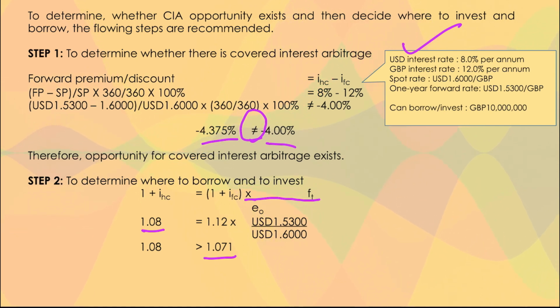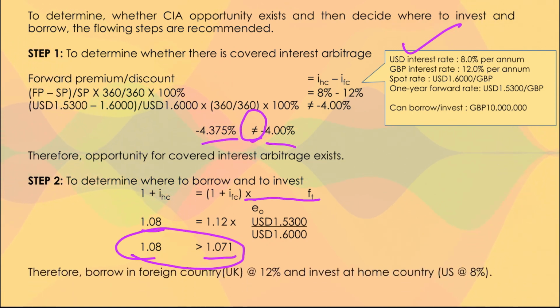So here you get the value. We can determine where to borrow, whether US or UK, and where to invest. Bear in mind this value just indicates where to borrow and to invest. Therefore, borrow in foreign country at 12% and invest at home country at 8%.